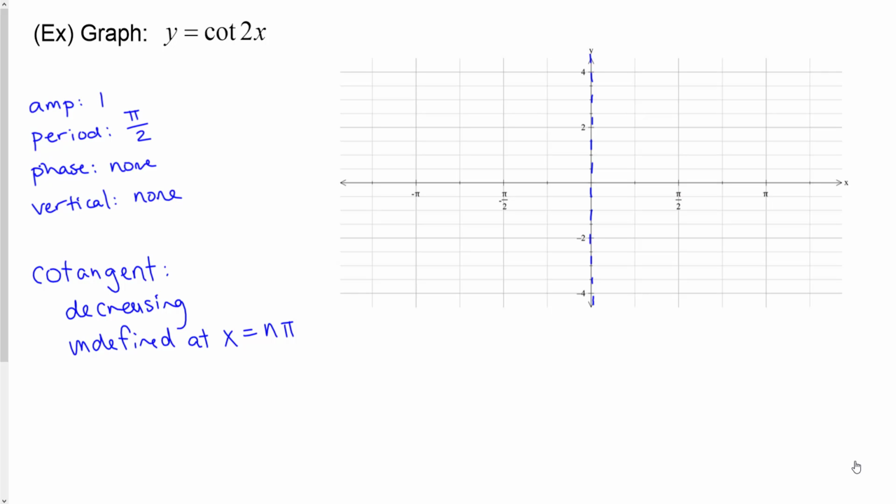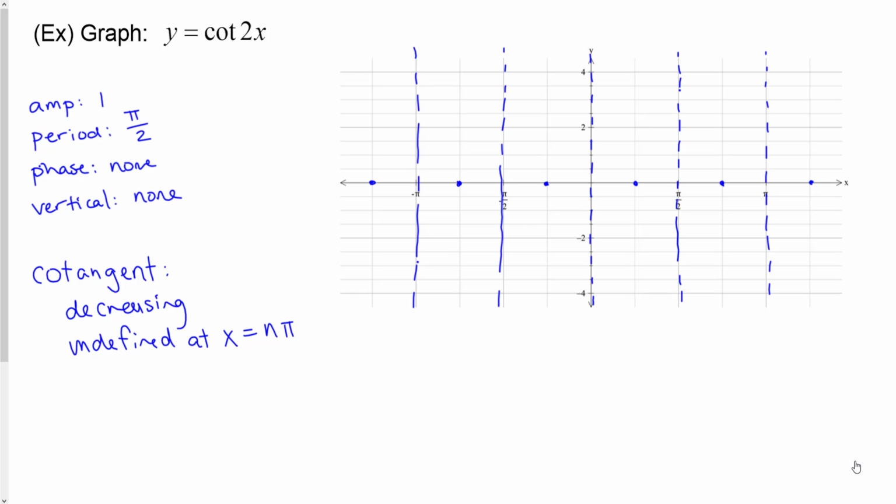But the thing is, my cycle is now going to complete by pi over 2, which means my next asymptote is going to be at pi over 2. And then I'm going to have other asymptotes, just multiples of pi over 2, because the period is pi over 2. Now, the point that's halfway in between those asymptotes is the point where I'm going to be crossing my x-axis. So at these points along here.